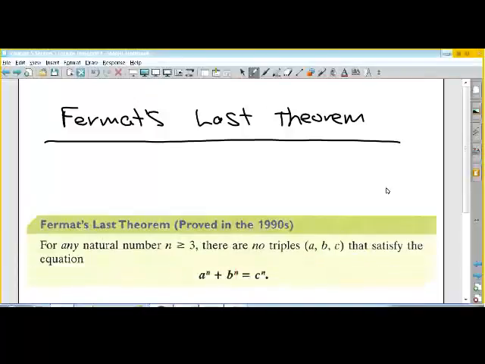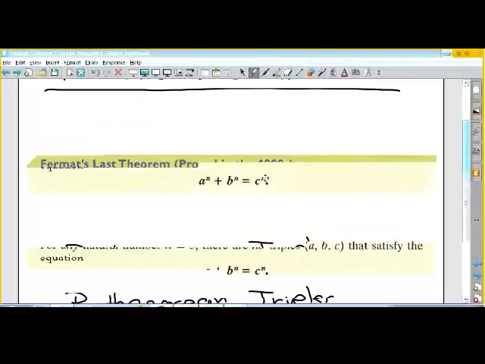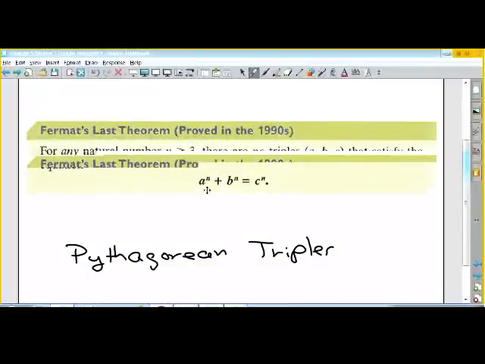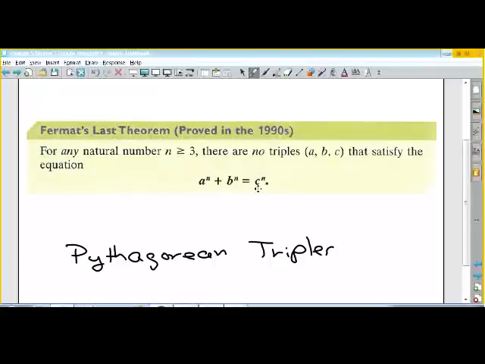And then the last thing, it says that for any natural number n greater than 2, there are no triples that satisfy the equation a to the n plus b to the n equals c to the n. So we talked about Pythagorean triples. 3 squared plus 4 squared equals 5 squared.